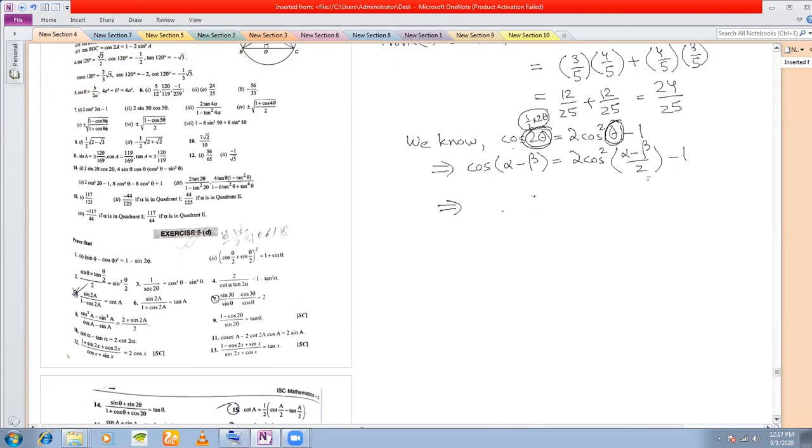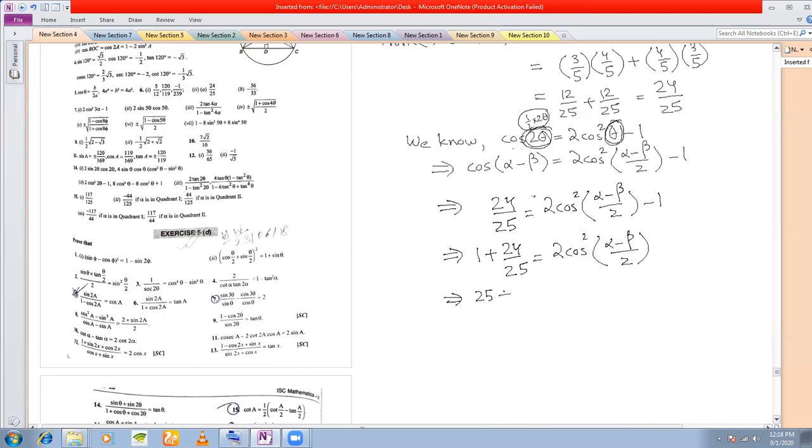Cos(alpha minus beta), we have got the value as 24 by 25, is equal to 2 cos square((alpha minus beta) by 2) minus 1. That means 1 plus 24 by 25 is equal to 2 cos square((alpha minus beta) by 2). That means 25 plus 24 by 25 must be equal to 2 cos square((alpha minus beta) by 2).